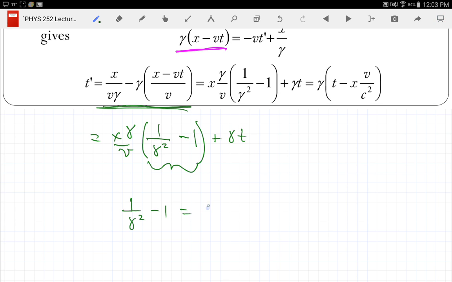So this first term is just 1 minus v squared over c squared, minus 1. Well, 1 minus 1, I'm pretty good at math, I'm pretty sure those add up to 0. So this stuff in parentheses just turns out to be minus v squared over c squared.